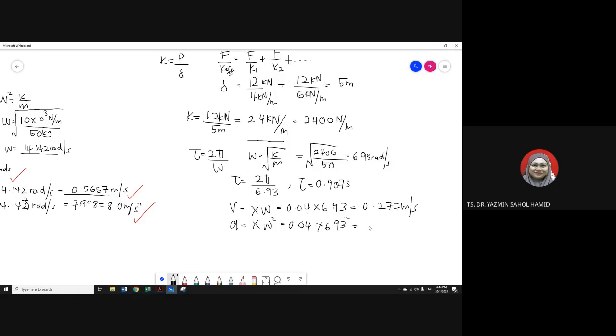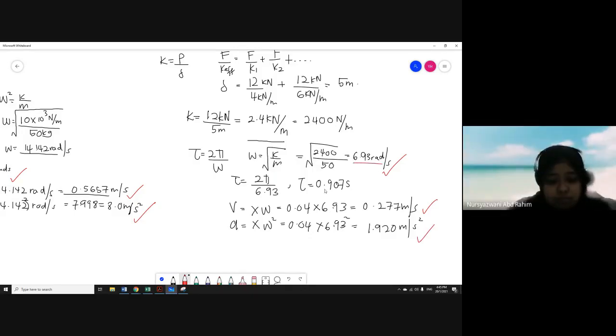For acceleration, you will get 1.920 meters per second square. Okay, so that's the answer. Did you get the same?